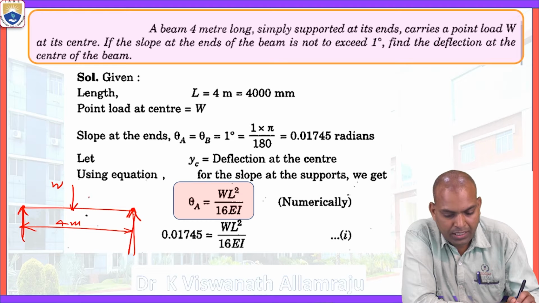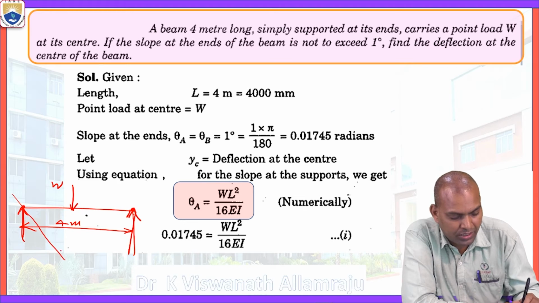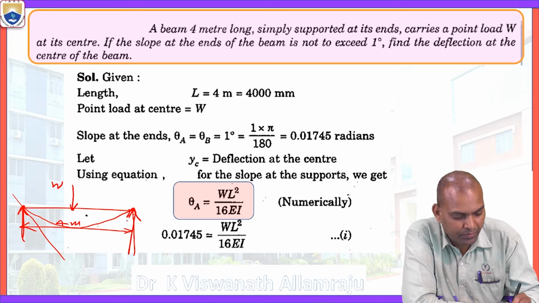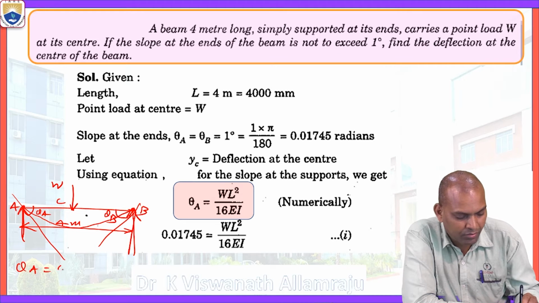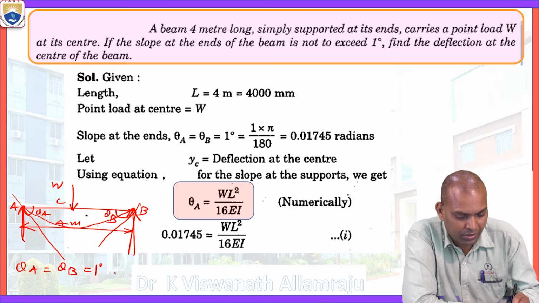If the slope at the ends of the beam is not to exceed 1 degree, that is theta A, at point A, and theta B, at point B, theta A equal to theta B equal to 1 degree, that is 1 into pi by 180.